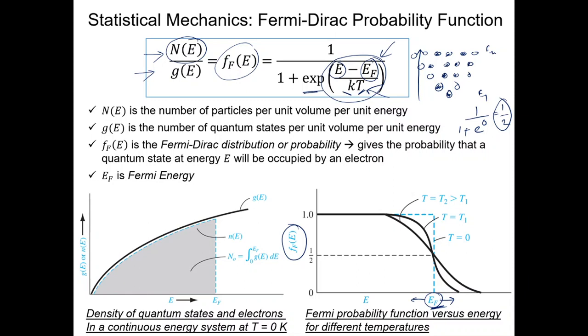But at a finite temperature, the probability of filling the state at EF will be 1 by 2, but above and below EF the function would smear out as it is shown in this case, which means the probability of filling a state at energy greater than EF will be the same as the probability of a state being unoccupied at energy less than EF.